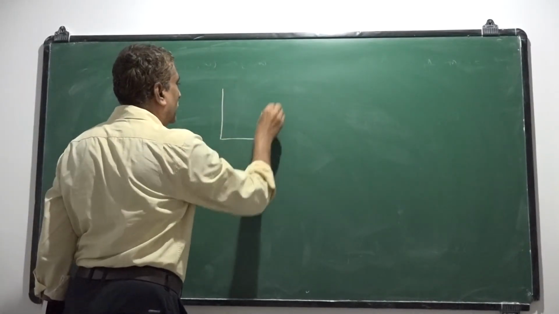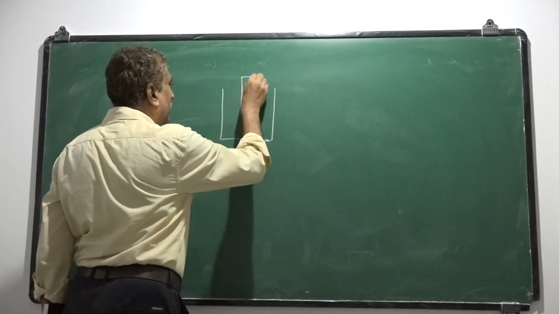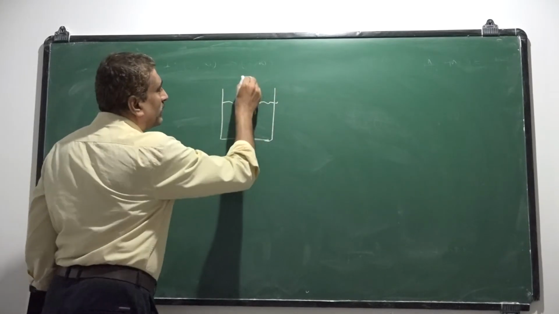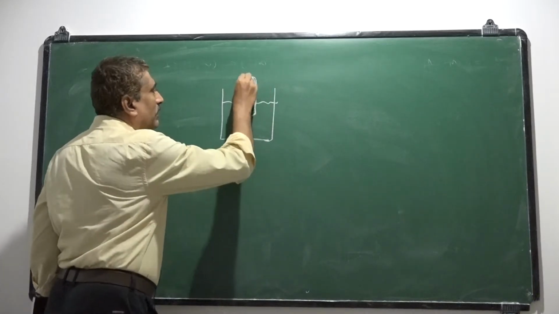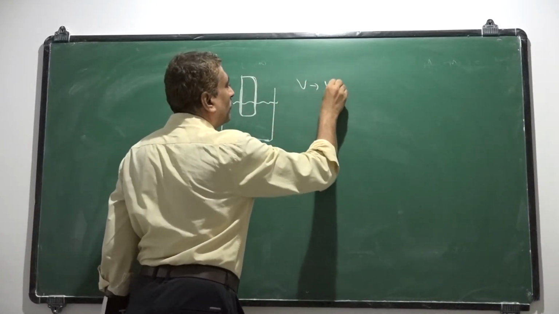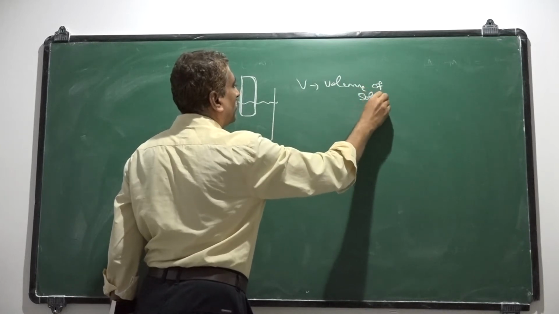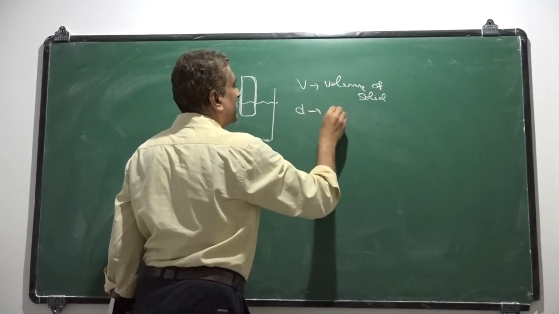Suppose the solid body is like this, immersed partly in a liquid like this. Suppose V is the volume of the solid body and D is the density of the solid.